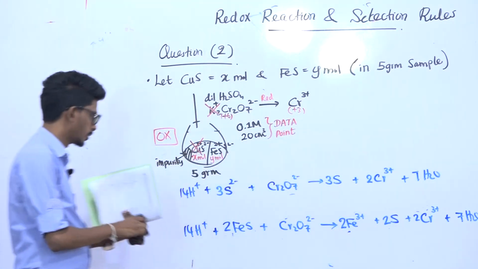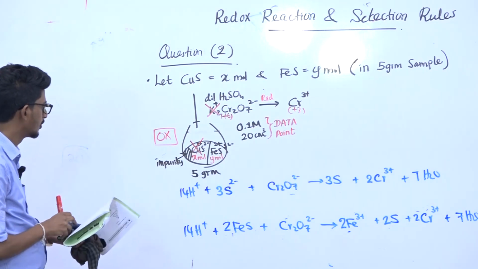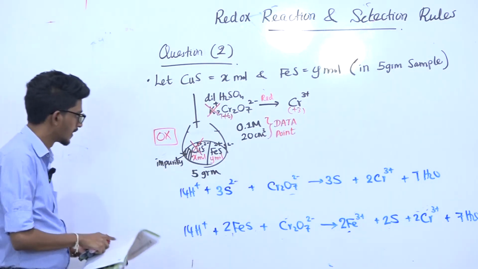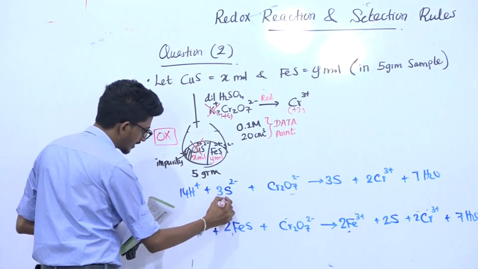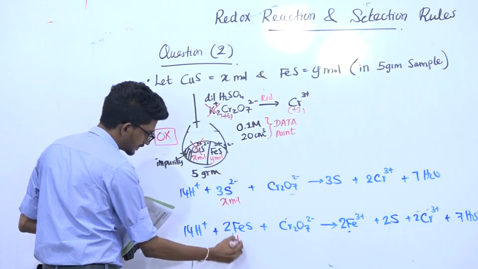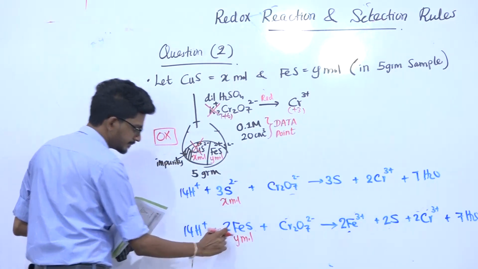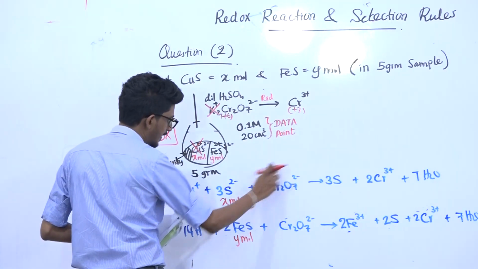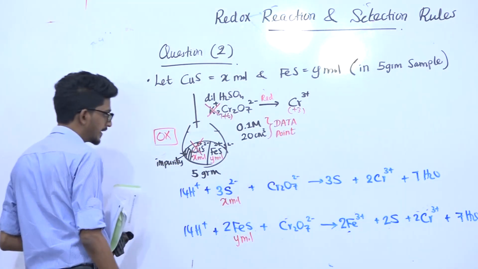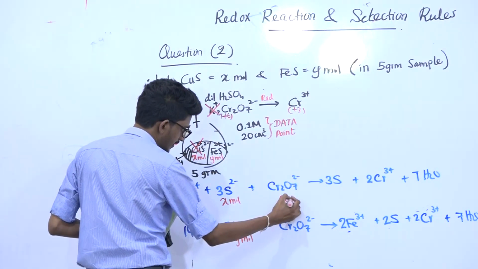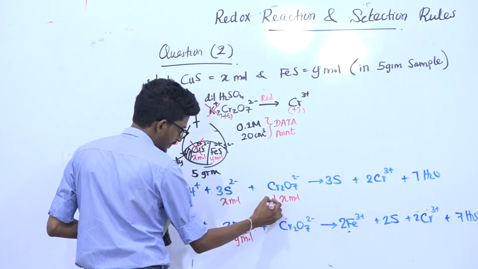So let's come up with the values in terms of x and y for the dichromate, where the data point is. You are with x moles of this one and y moles of this one. The dichromate is the data point. So x moles for 3 portions means for one portion it is x over 3.